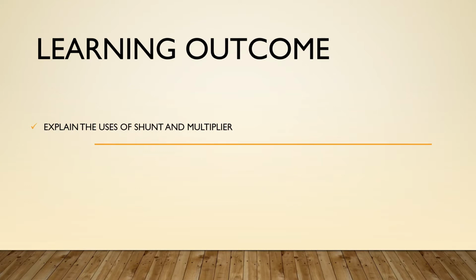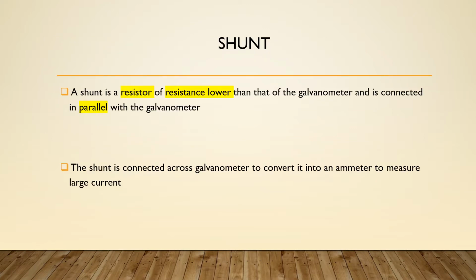Today, we are going to learn how to explain the uses of shunt and multiplier. In electronics, a shunt is a device that creates a low resistance path for electric current to allow it to pass around another point in the circuit.